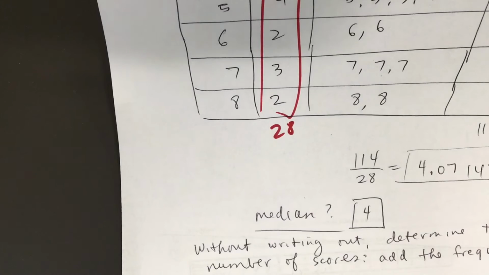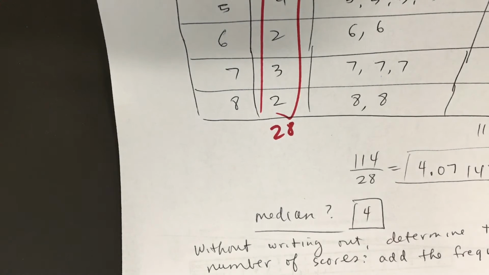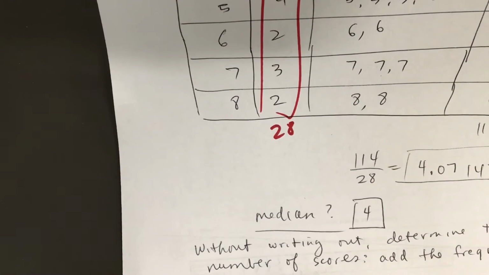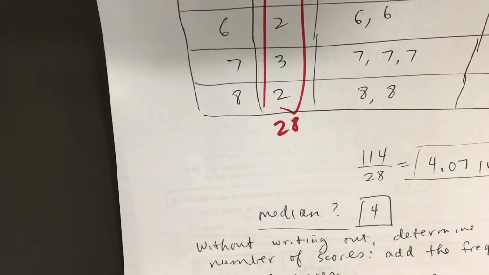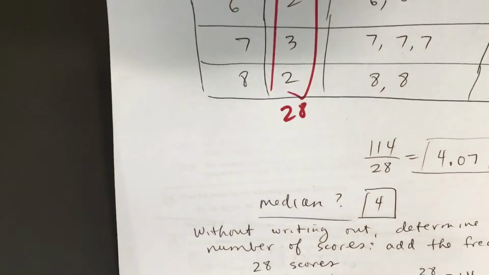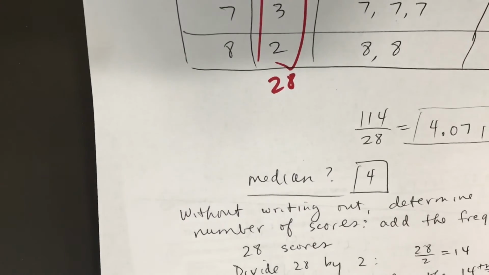If your number of scores is an even number, and 28's even, then there are going to be 2 scores in the middle. We are looking for the 14th and 15th score. Those will be the 2 that are in the middle.